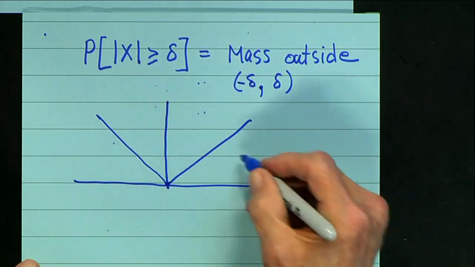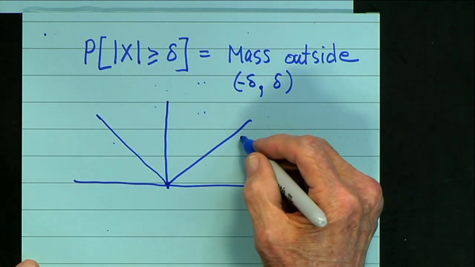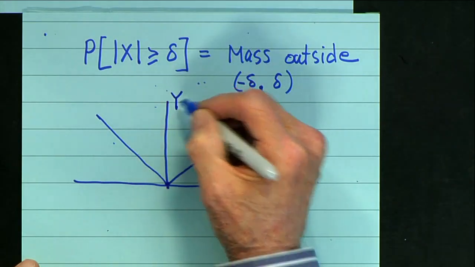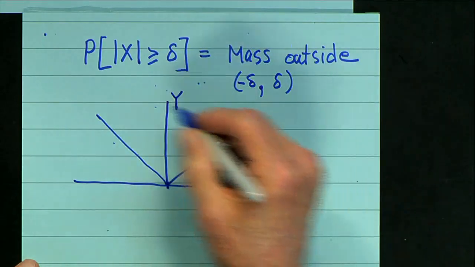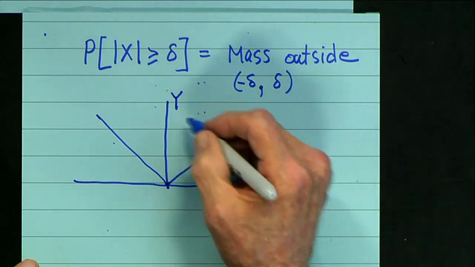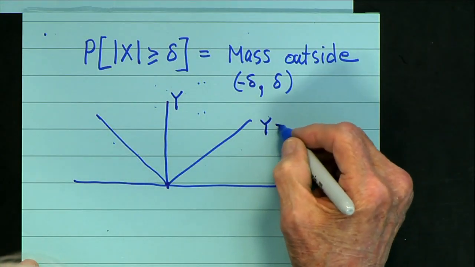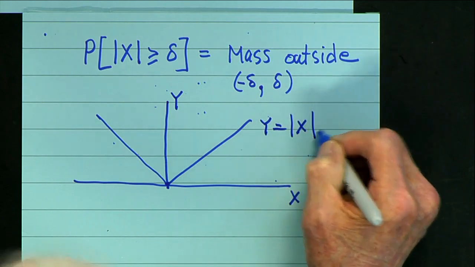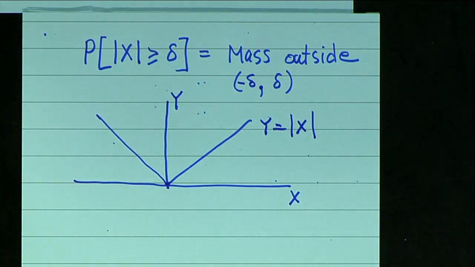Say this is y and this is x. And so this is the line y equals x.